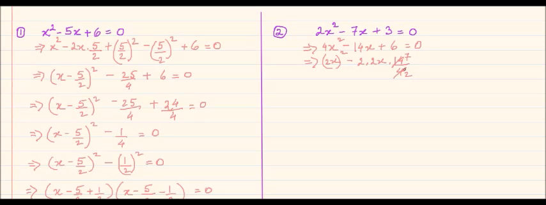If you cannot get this number, just write whatever number is present over here, put that number in the numerator, and whatever extra numbers you are having in the numerator, put that in the denominator, and change that fraction to the simplest form. So that 7 by 2 is the required fraction. This is our b. Next term will be plus b square, so we put a plus sign, and b square, that is 7 by 2 whole square.